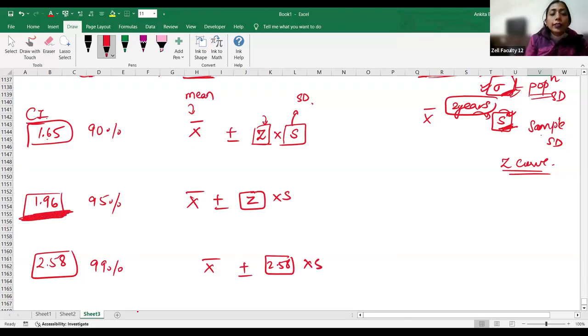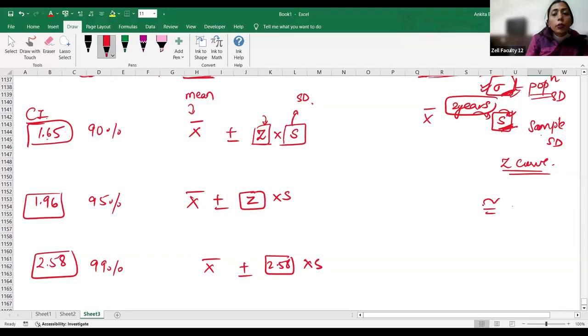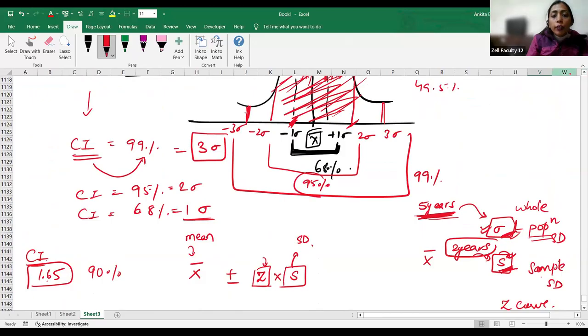What is 1.96? 1.96 is approximately equal to 2. So we said that in a 95% confidence interval the value would be lying between 2 standard deviations.